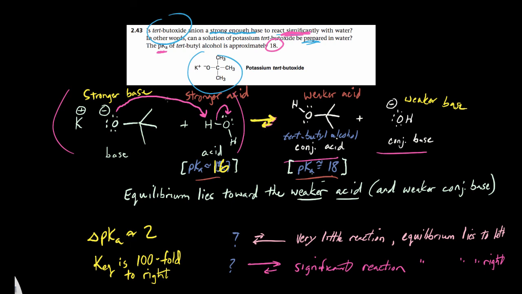Or at equilibrium, you have 1% potassium tert-butoxide and 99% tert-butanol, which means that no, you cannot prepare tert-butoxide in water to any significant extent.